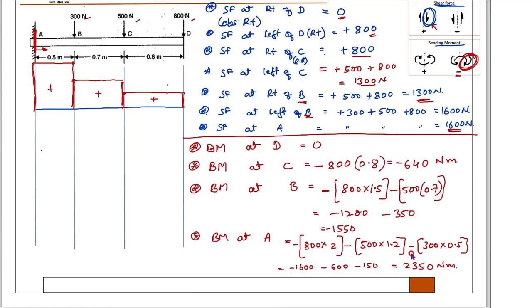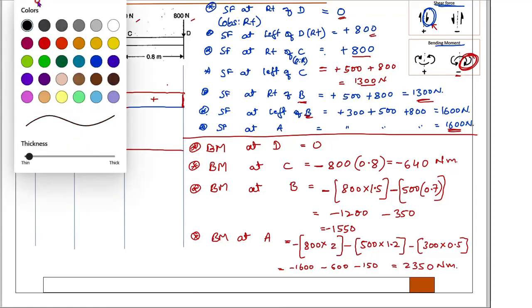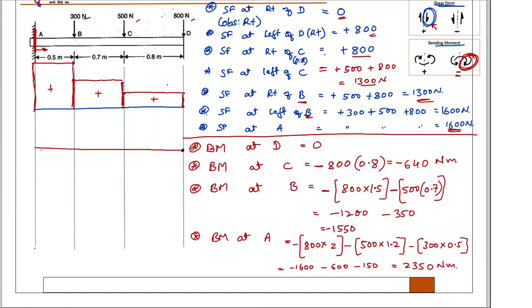Now I will draw the bending moment diagram. This is my reference line. At this point the bending moment is 0. At point C it is 640.